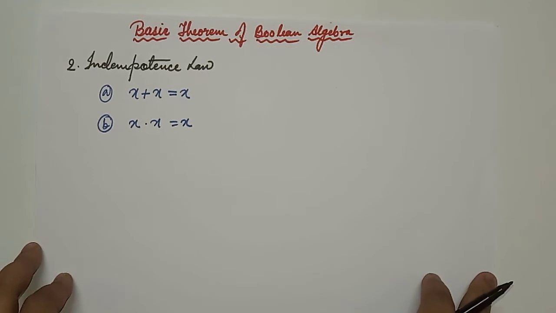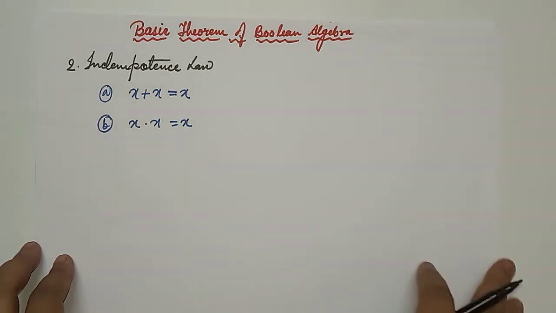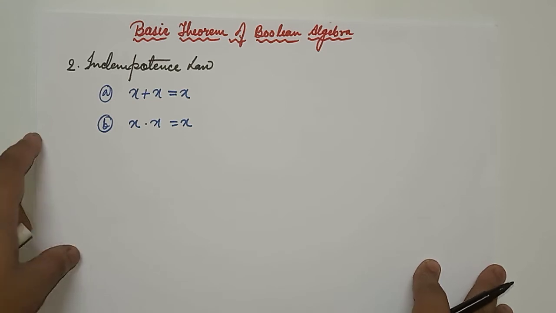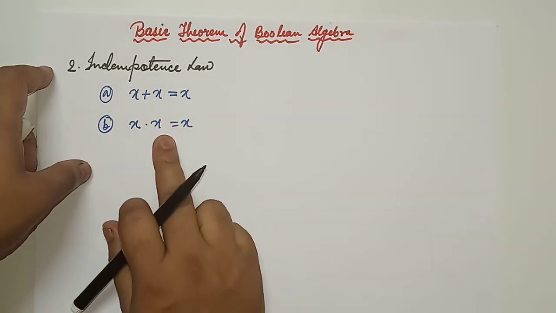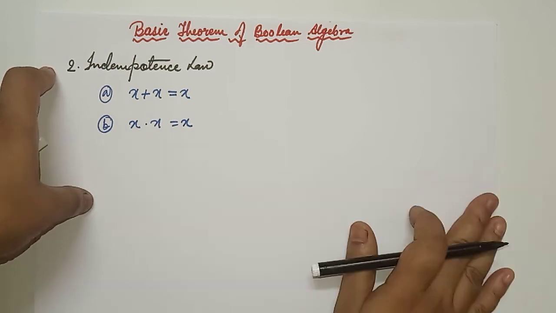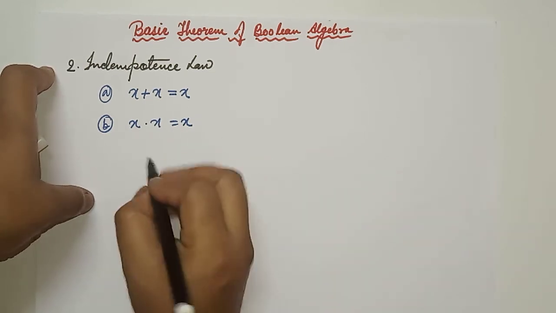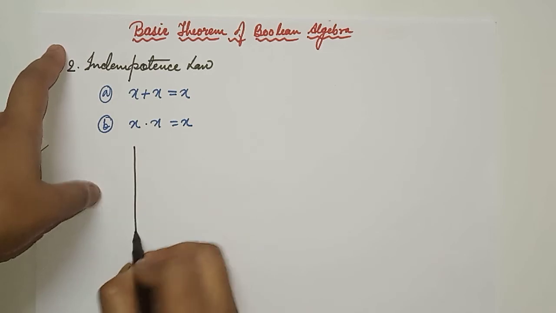Next theorem is idempotence law. It states that if any variable is added or multiplied with itself only, the result is the original logical variable only. So over here x plus x, the result is x only. If the x is multiplied with itself, we will get the x value only. So let's see using a truth table.